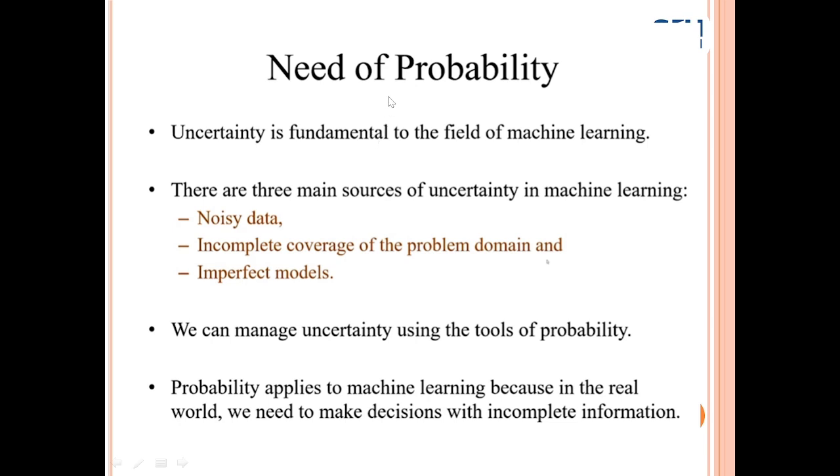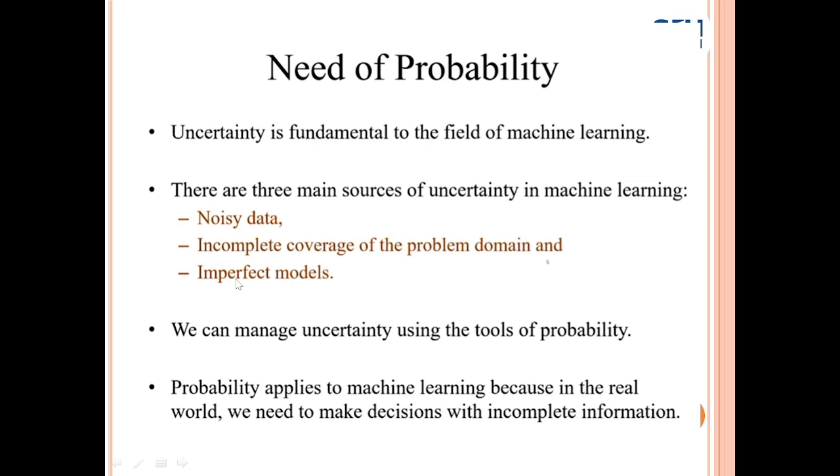Next, the need of probability. Why do we require probability? Uncertainty is fundamental in the machine learning field. Uncertainty in machine learning we find in noisy data, incomplete coverage of the problem domain, and imperfect models.